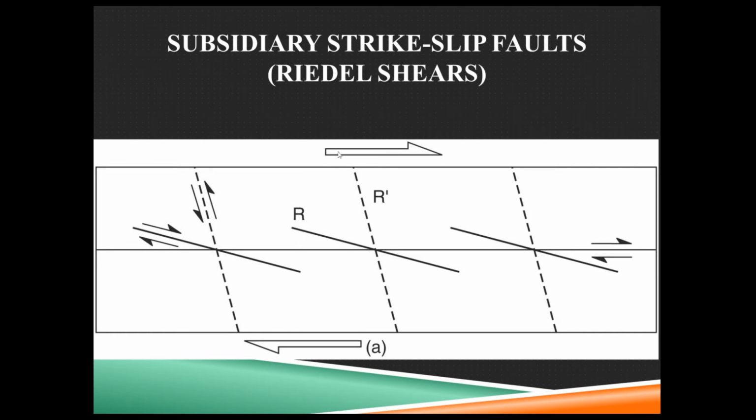Right here, this primary motion above this transform, or this strike-slip zone, is moving to the right, and the bottom, below the strike-slip zone, is moving to the left. And this large fault is probably a transform fault. It's probably going to reach other faults or plate boundaries.